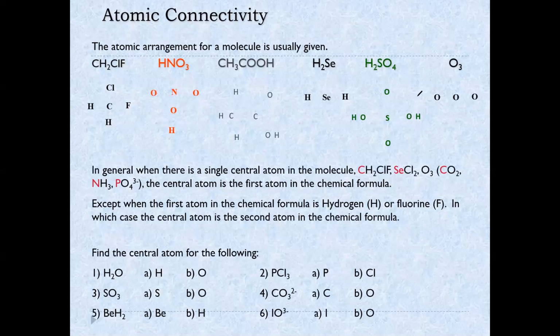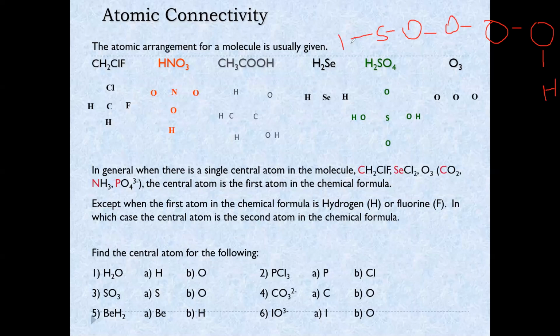In this H2SO4, you don't write sulfur, oxygen, oxygen, making it a very long chain with all 4 oxygens like this and then the hydrogens here. This is too long.